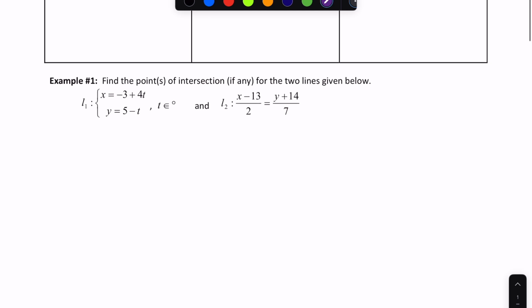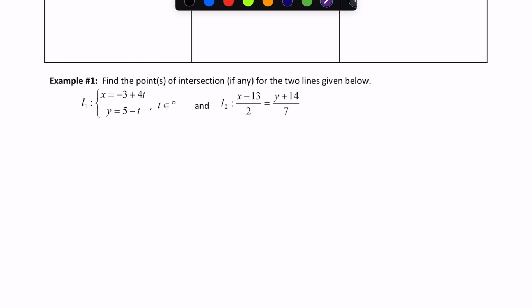So here, if we look at example number 1, it says, find the point of intersections, if any, for the two lines given below. So here, line 1 is given as x is equal to -3 plus 4t. And then we have y is equal to 5 minus t.